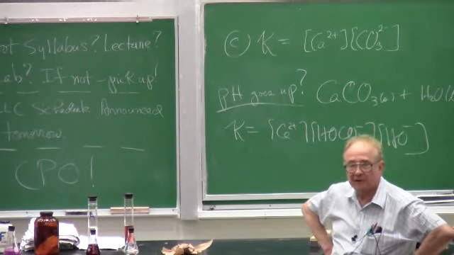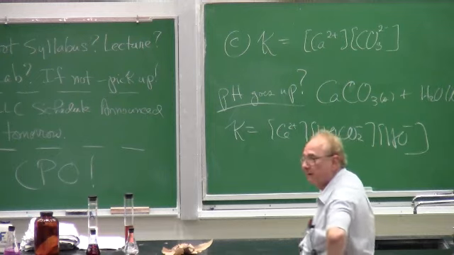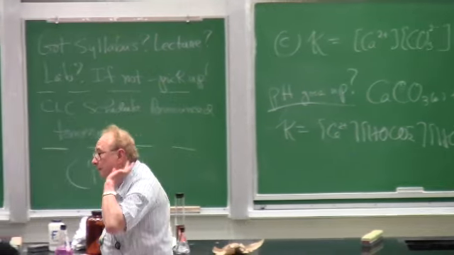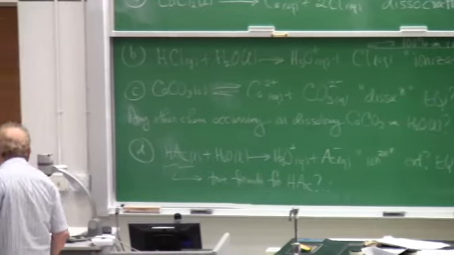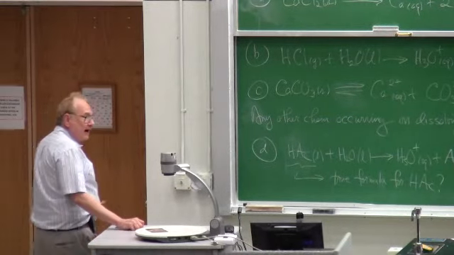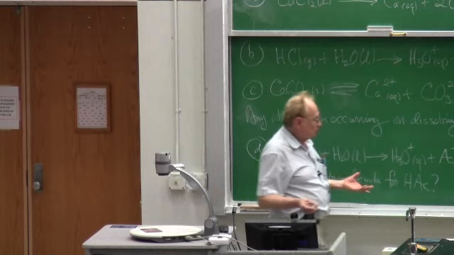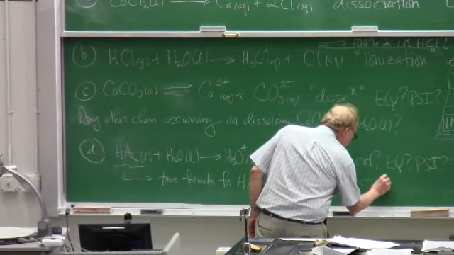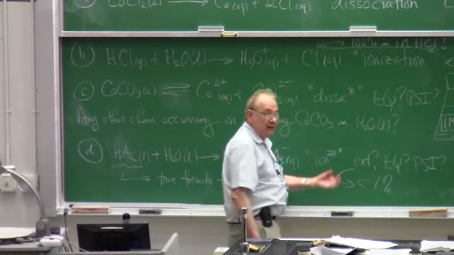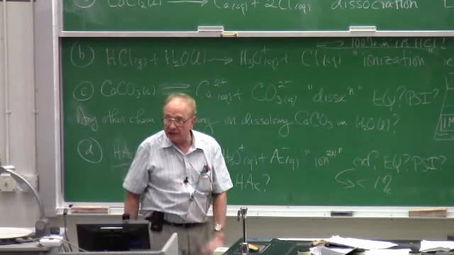Very small. Anybody know how small, roughly? 0.4% is the extent. So for now, if you say less than 1%, that's good enough. Okay? So for extent, we'll say less than 1%. And when we get to chapter 18, we'll show you how to calculate the percent right on the nose.